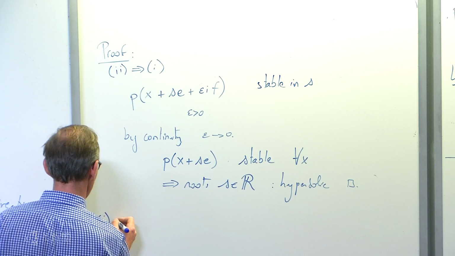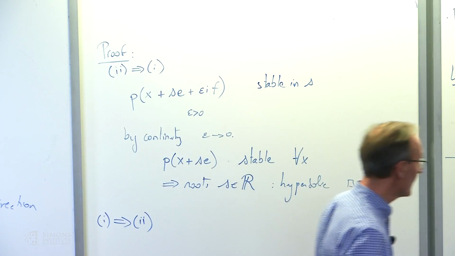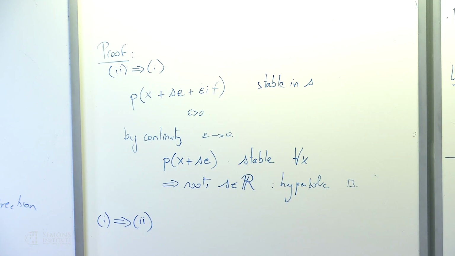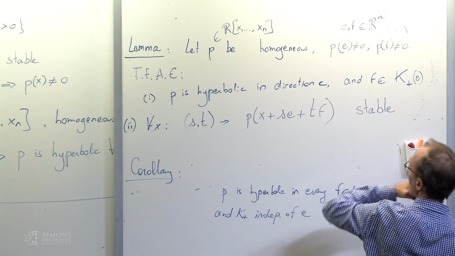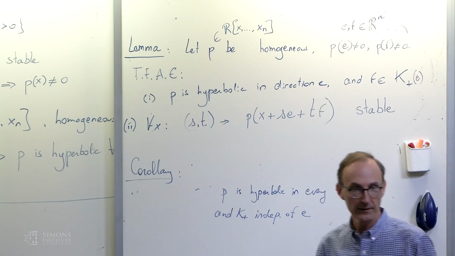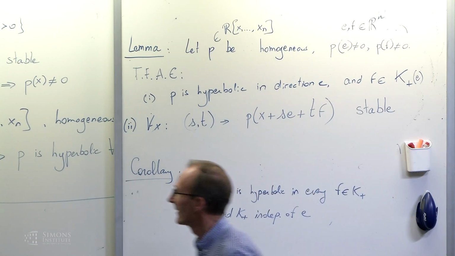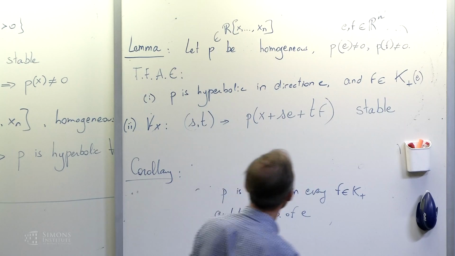The second part is slightly longer. So now I am assuming that I have a hyperbolic polynomial in direction E, and that f belongs. Did I show? No, I'm not done yet. Don't you have to prove that the roots are? Yes, I was just noticing that. I'm not done.